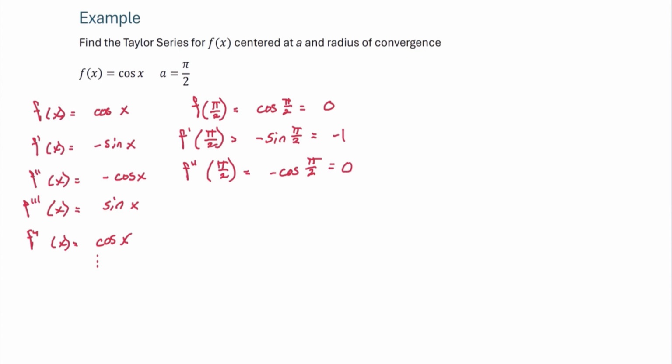That takes us back to 0. Third derivative at pi halves. Sine of pi halves is 1. And then the fourth derivative is going to take us back to cosine, and we cycle back to 0. And that pattern's going to continue.